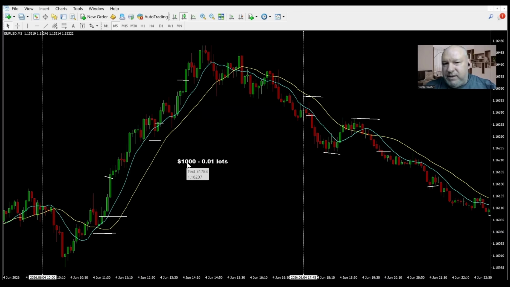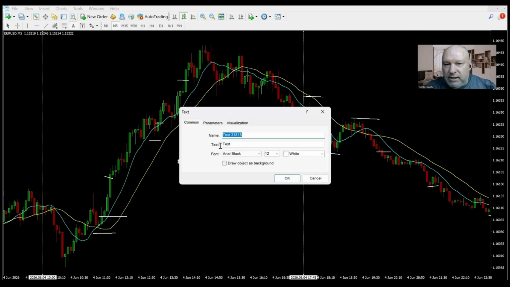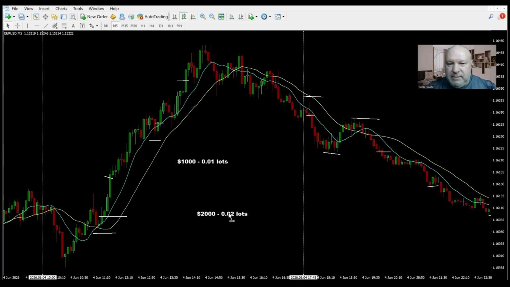When you build your account to $2,000, for example, then you can move on to the next stage. So with $2,000 in your account, you can start trading with 0.02 lots, right? You see the difference. From $1,000 to $2,000, you're trading only 0.01 lots.